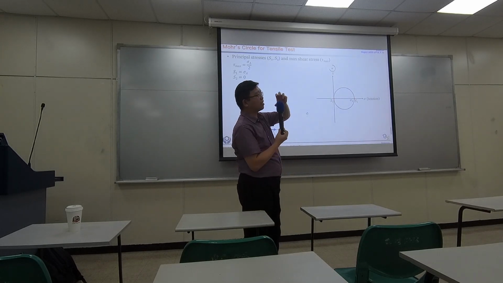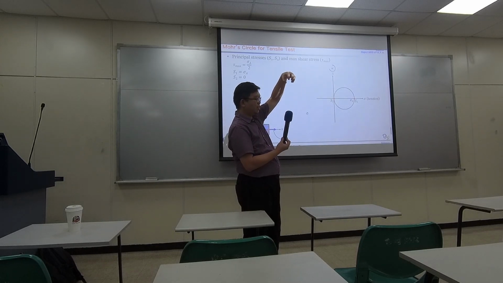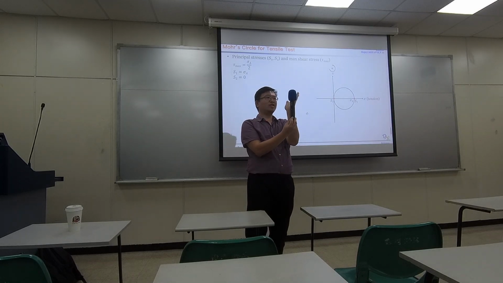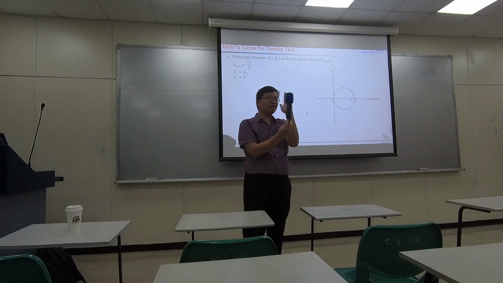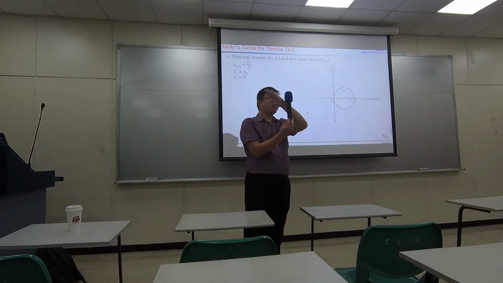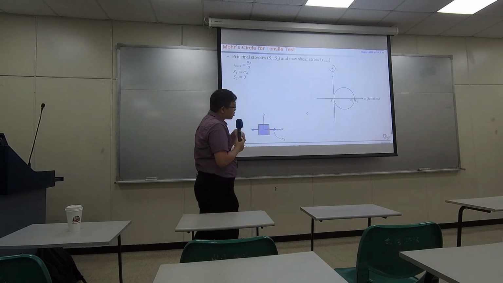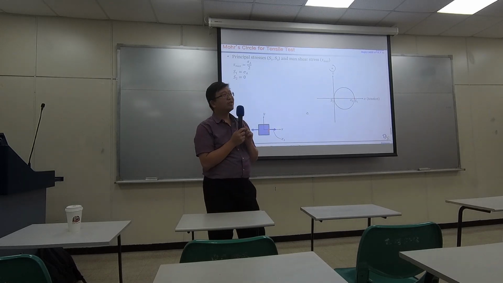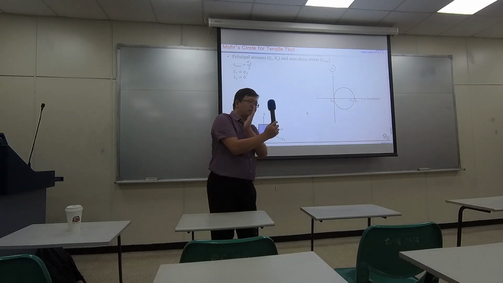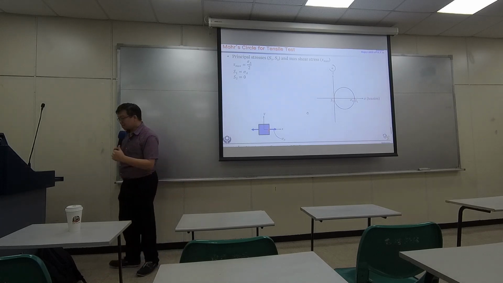If this is the workpiece for tensile test and you're pulling like this, by rotating the coordinate by 45 degrees, that's where you have the shearing plane. That's where you have the maximum shear. So sometimes if you observe the tensile test, it breaks along the shearing plane.